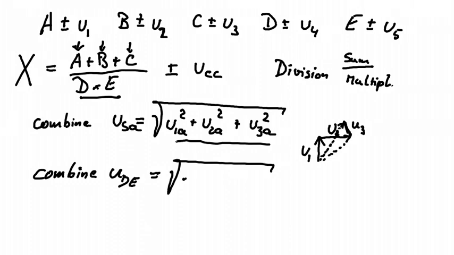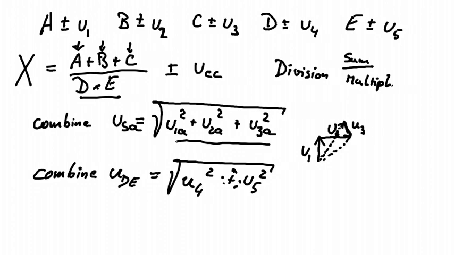Again, we take the uncertainty, this time for D, so that's U4 squared plus U5 squared. And again, it's this plus here, but we don't take the absolute uncertainty.